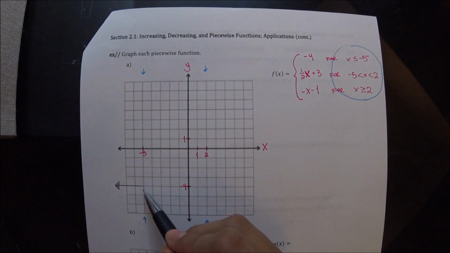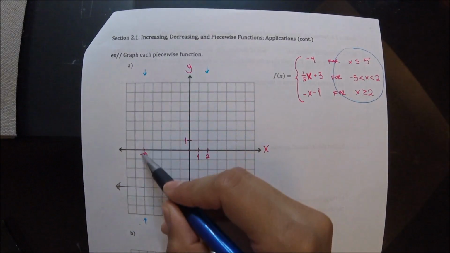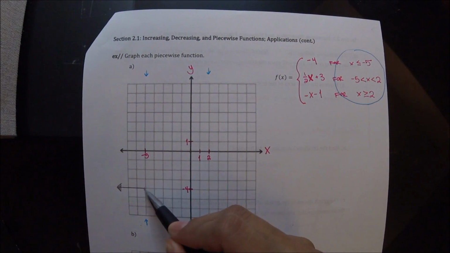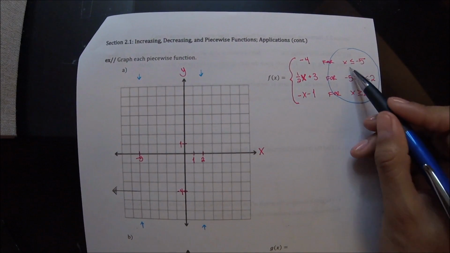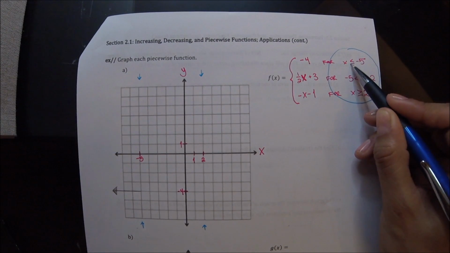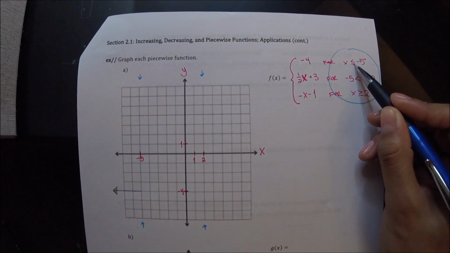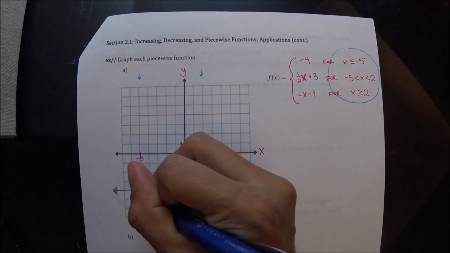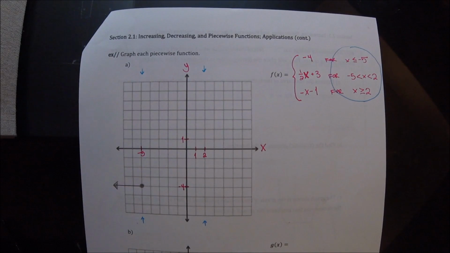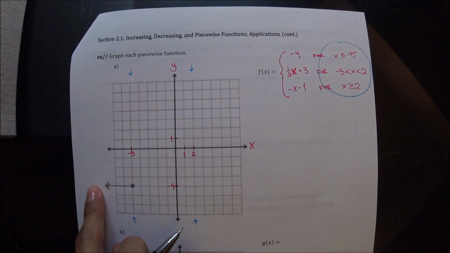And then I need to decide if at this breaking point, I should draw a closed circle or an open circle. So we need to go and look at the symbol that's going on here. Well, this says less than or equal to -5, so that means I'm going to draw a closed circle. So we're done with that part of the graph.